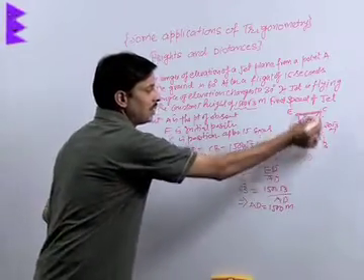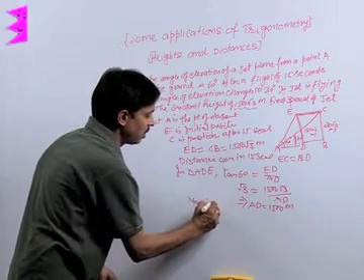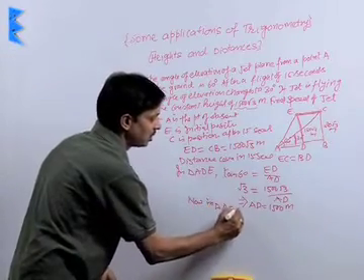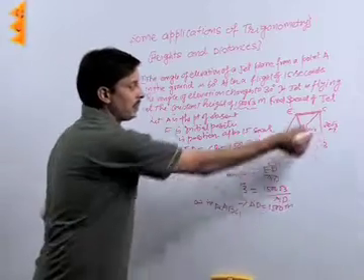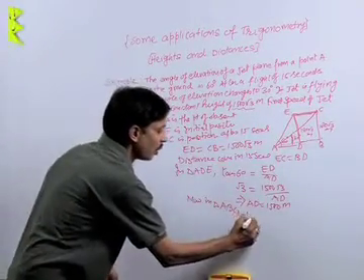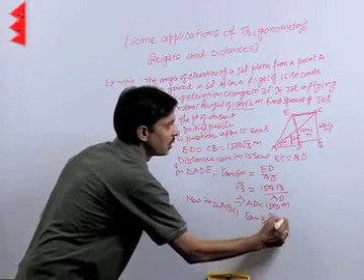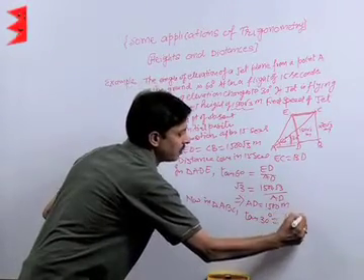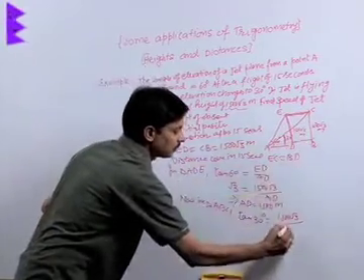Now we will use the second triangle where the angle 30 degrees is given, that is triangle ABC. Now in triangle ABC, the angle is 30 degrees. Perpendicular is CB, 1500 root 3. So we will say tan 30 degrees is equal to 1500 root 3 upon AB.